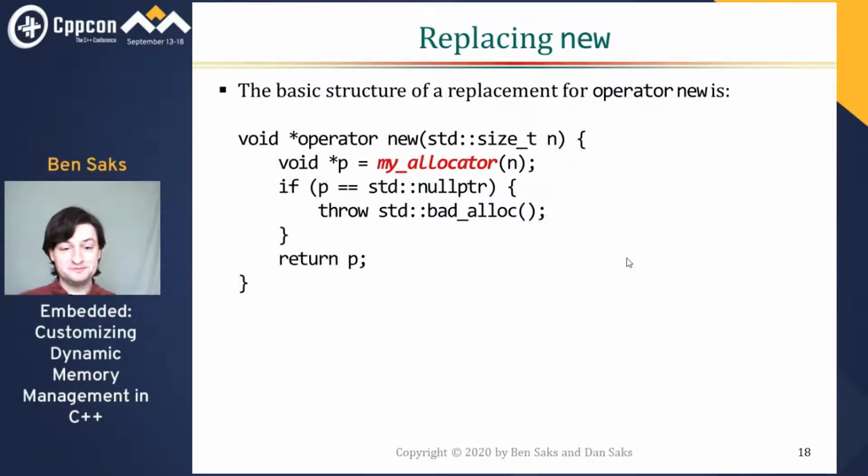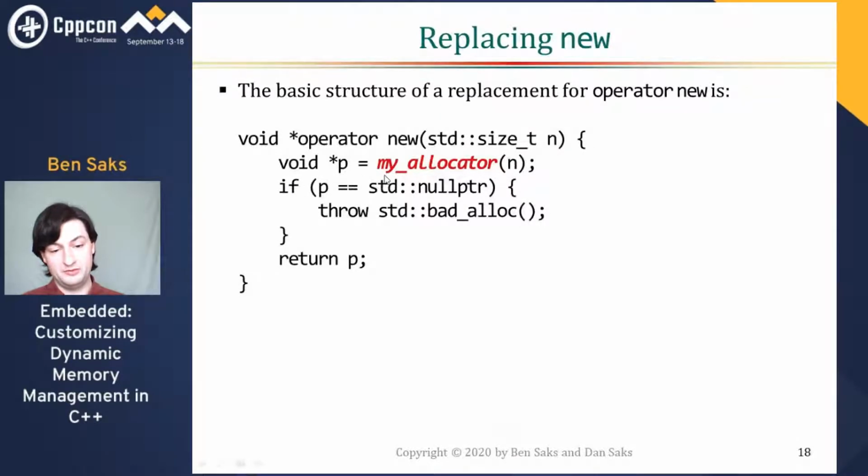All right, so if I were to write an operator new, the basic structure for replacing operator new is going to look something like this. You're going to have your function operator new that you write. You'll go through some process to find a suitable piece of memory for an object of size n.